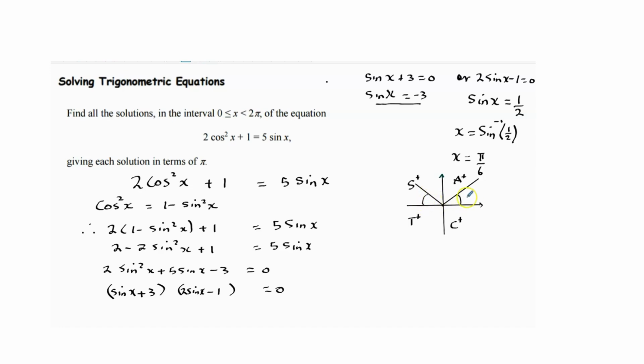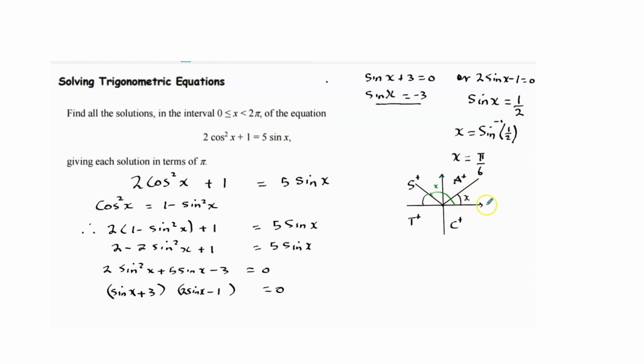So it means that x here could be a solution, and let's use a different color to mark this. And also x could be a solution in this range here as well. So we know that this range here is pi over 6.